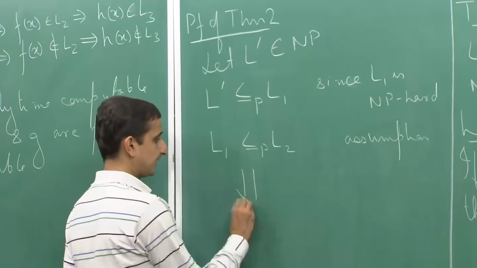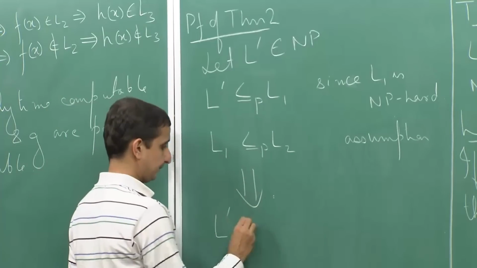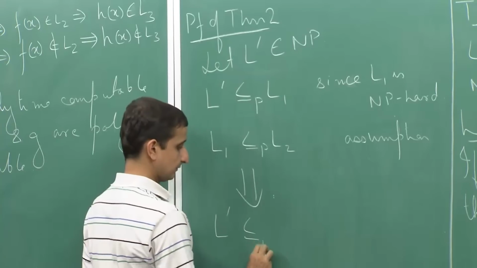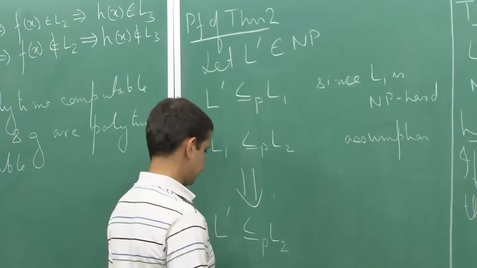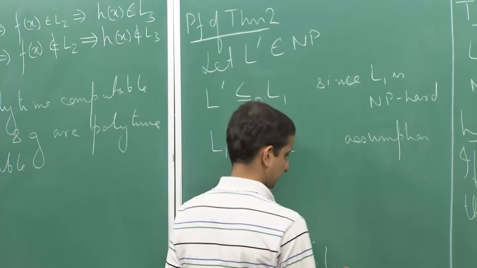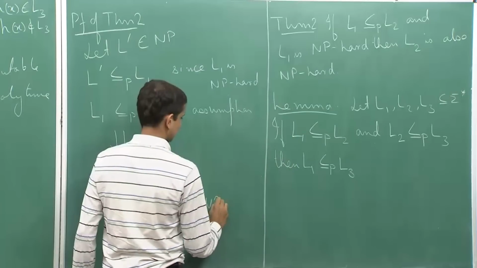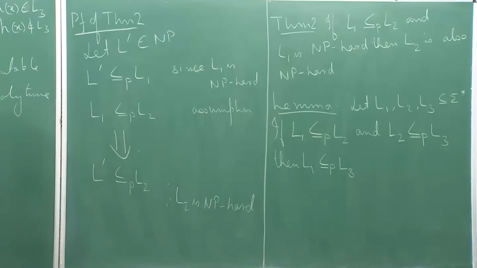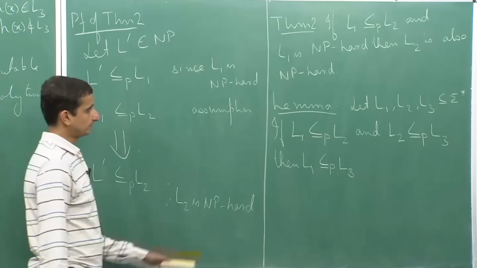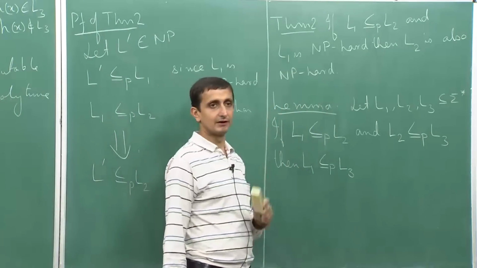Therefore, combining both these, we have that L prime reduces to L2. So, this proves that L2 is NP hard as well. Okay. So, this is what we actually wanted.